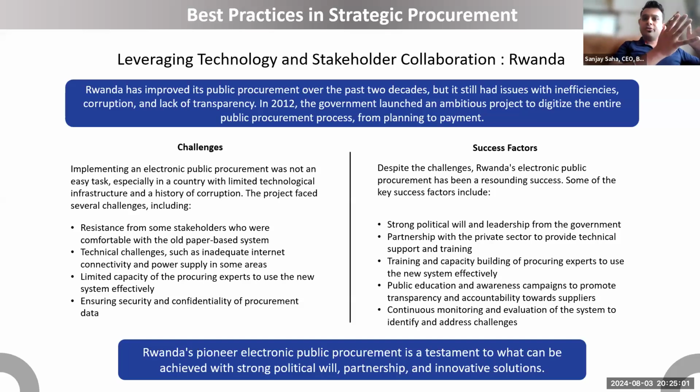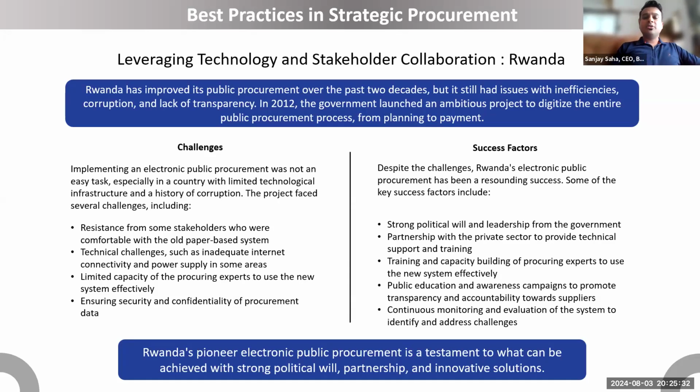So everything from your budgeting to demand analysis to bidding, contracting, purchase orders, receiving, all that happens through an electronic system, so that you have full visibility of what is happening at what stage, who is involved, if there are any challenges or risks, and any kind of documentation that you may need. That is e-procurement. And one of the case studies that is on your screen is from Rwanda.